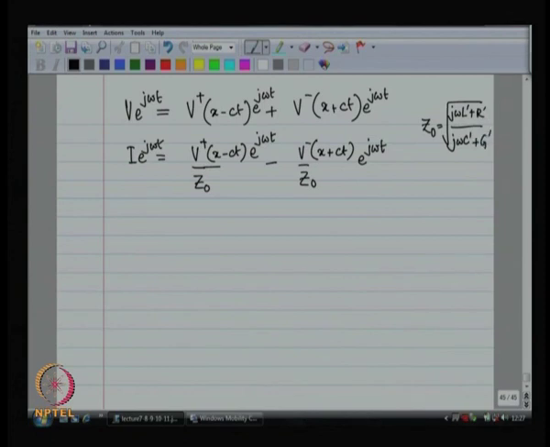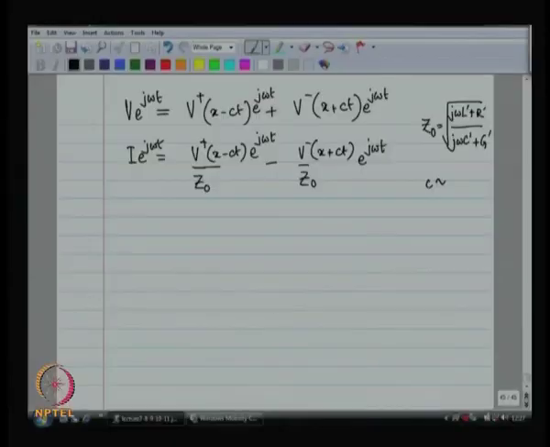Something like this. C is not exactly going to be the speed of light, but almost the same quantity. So, c can still be approximated as the speed of light. Okay.